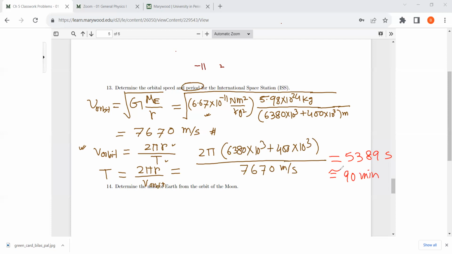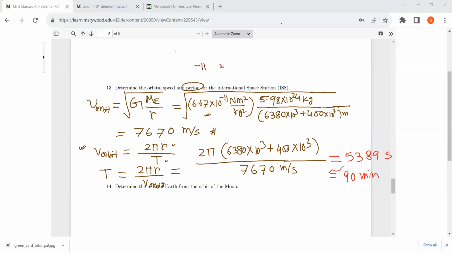So what it means is that every 90 minutes the International Space Station orbits our Earth. You know that in one day it orbits our Earth approximately 15 times. And yeah, it's very close.